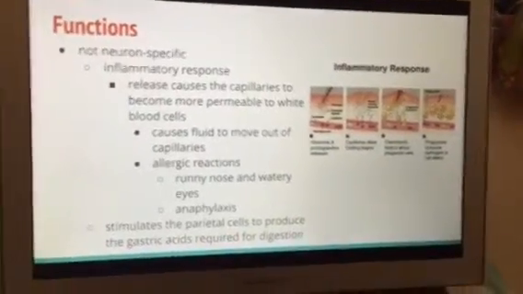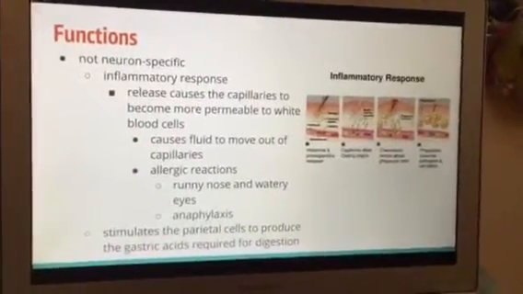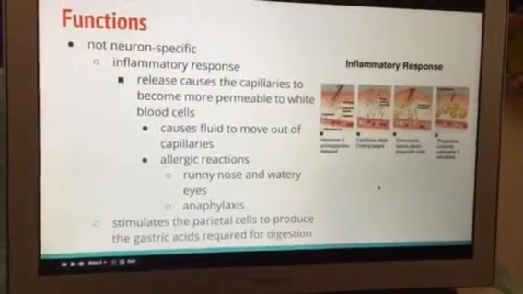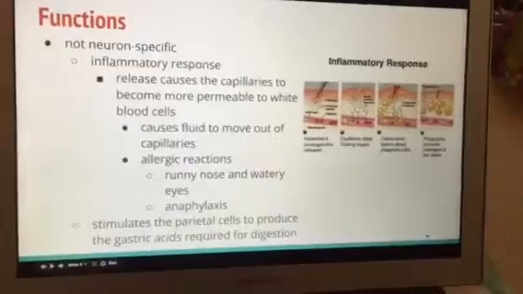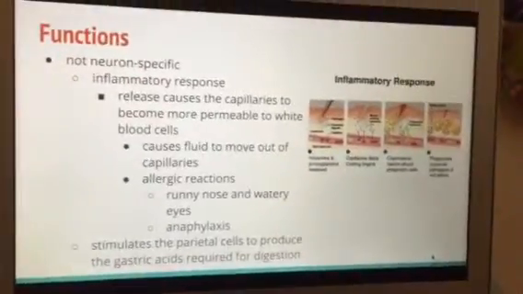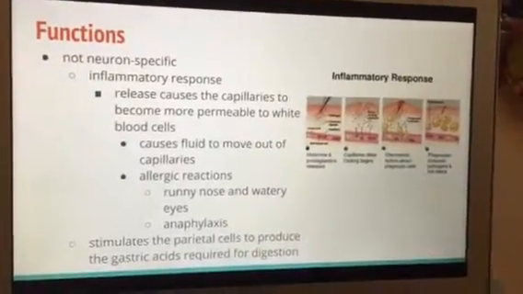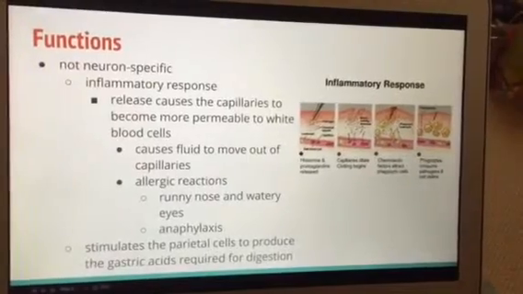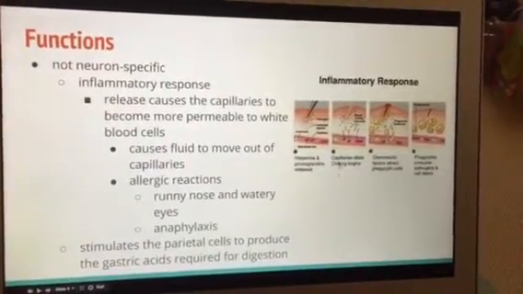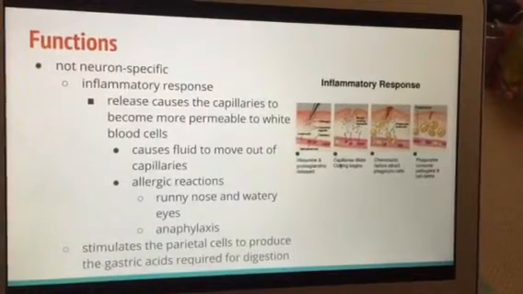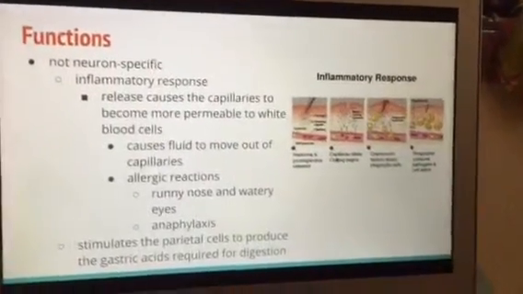One of the most well-known roles of histamine is its role in the immune system and in inflammatory responses. Histamine will cause capillaries to become more permeable to white blood cells. In an immune response, histamine will get triggered and released, which will cause the capillaries to become more permeable.